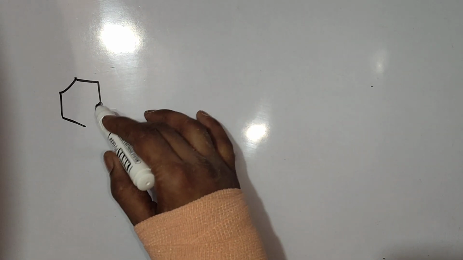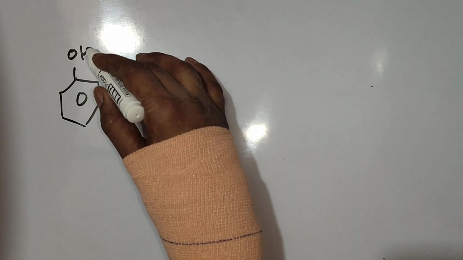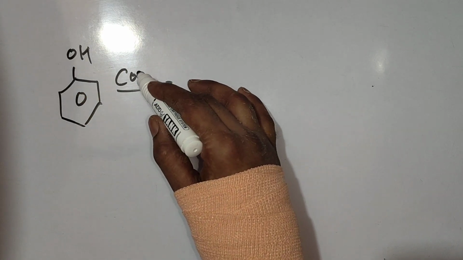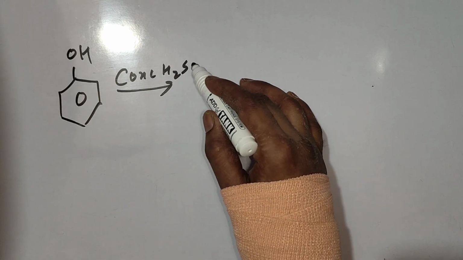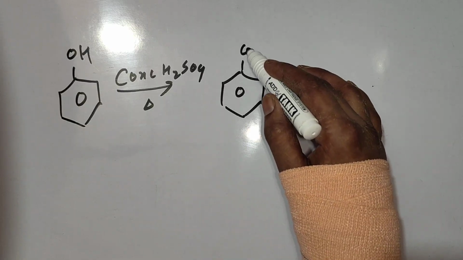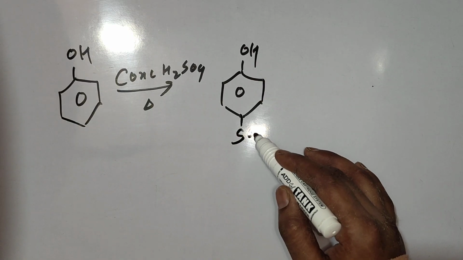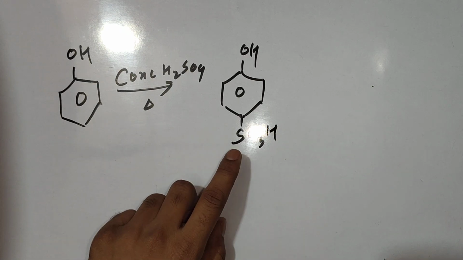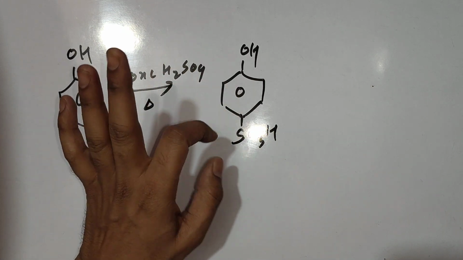So the final conclusion, the final summary is, quickly check. Phenol will first be treated with concentrated sulfuric acid and heat, due to which para-phenol sulfonic acid I have used.